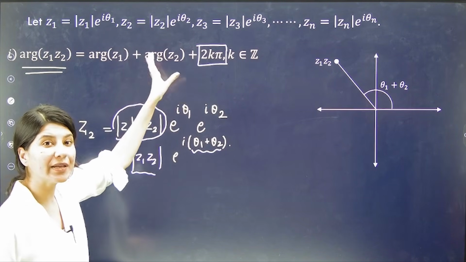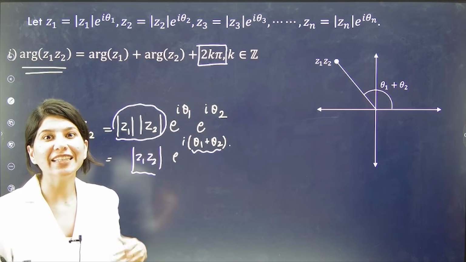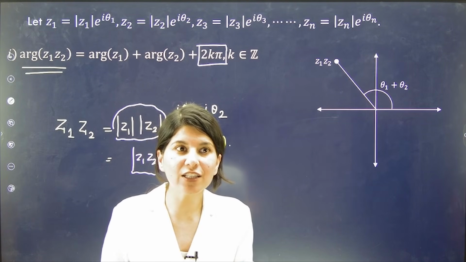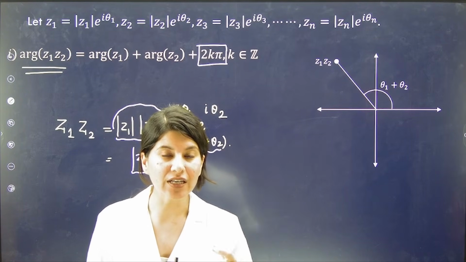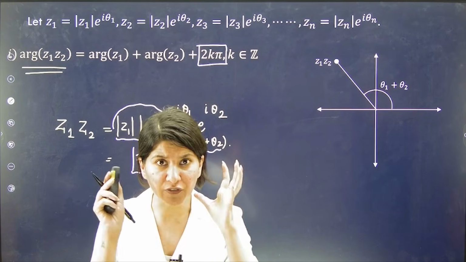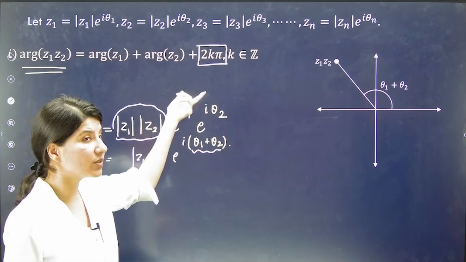Then argument of Z1 Z2 becomes 240 degree, but 240 degree is not allowed. It does not fit in the range of minus pi to pi. Because the angle has a cyclic nature, rather than writing 240 degree, we can have another angle which fits in our range.